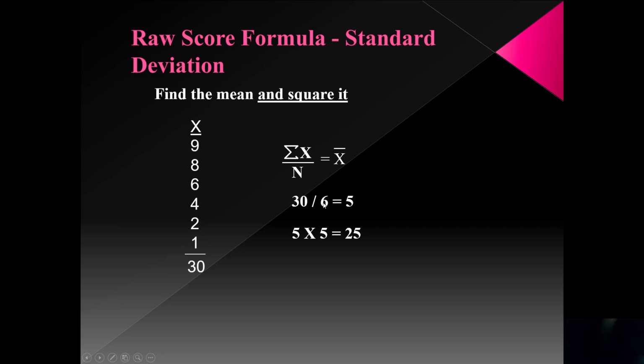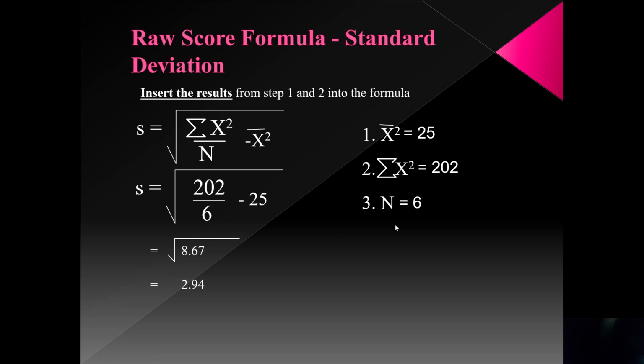So 30 divided by 6 equals 5, which is not what we want. That's the mean, but what we want is the mean squared. So we square 5, or 5 times 5 equals 25. And now we have the mean squared.